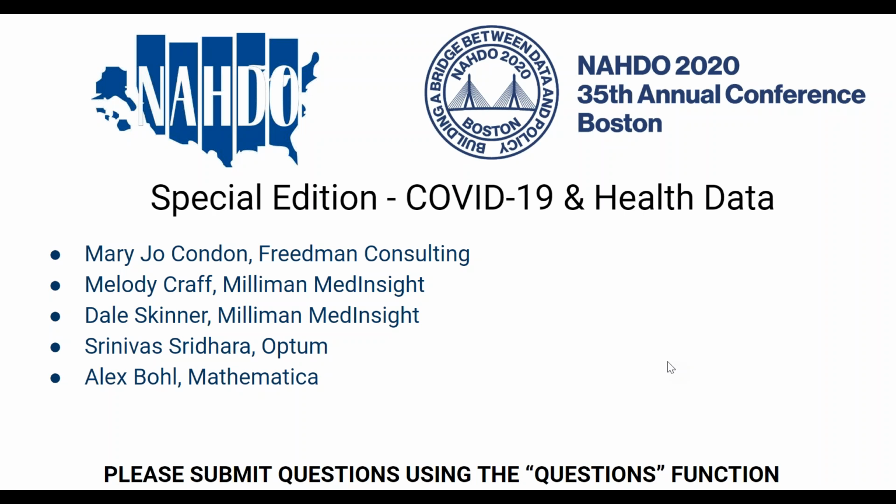Oh, I was just going to say, for Medicaid data, I think Mathematica is using the T-MSIS data, and that's at best a month out, and it's still based on claims. But for Medicaid data, there is more accurate enrollment information that can be used.